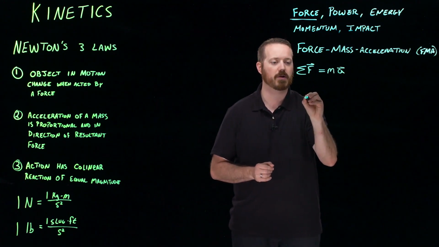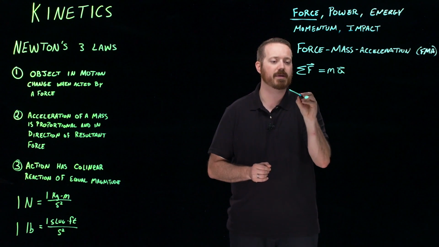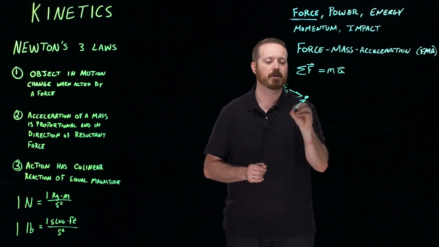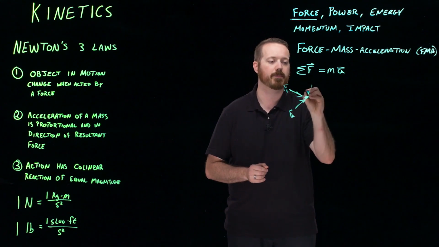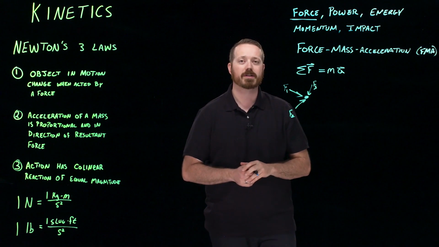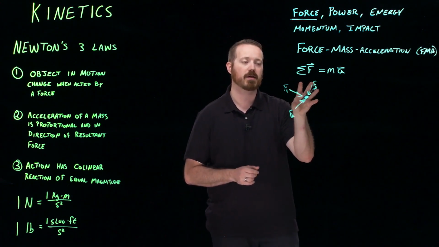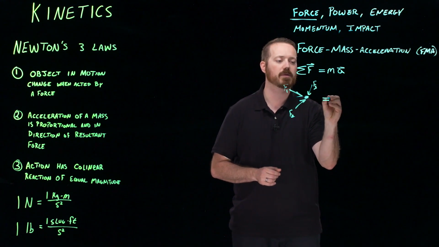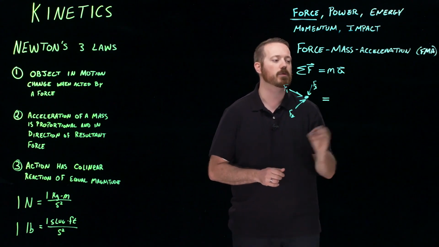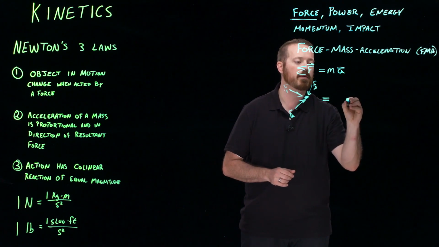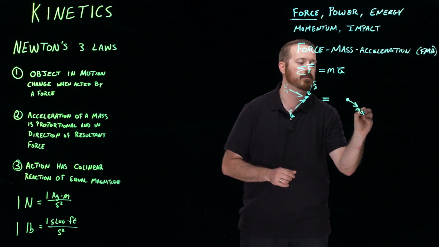So if we had some particle and it's being acted on by a bunch of different forces, F1, F2, and F3, what we are saying is that the resultant of all of those forces, added together from a vector perspective, has to be equal to the same thing as this particle having some mass times acceleration vector.